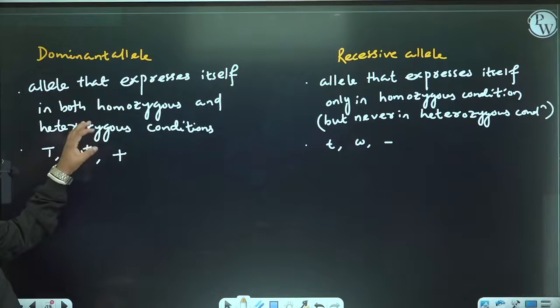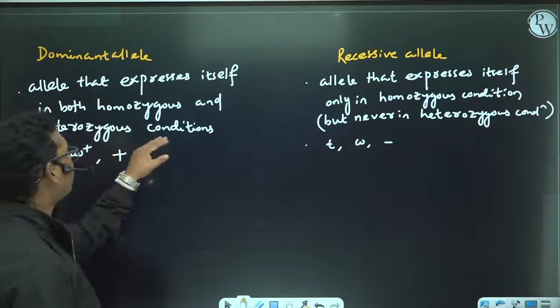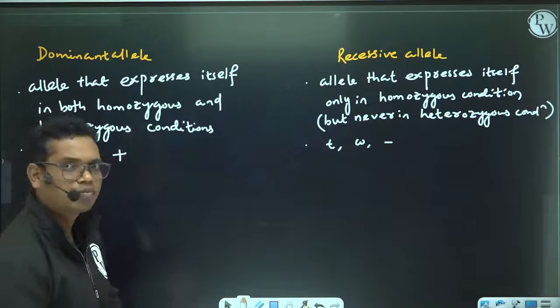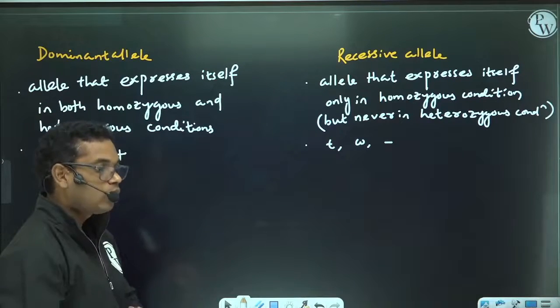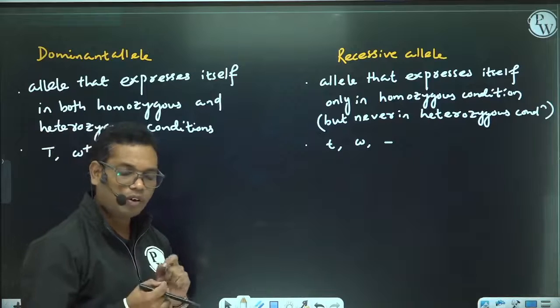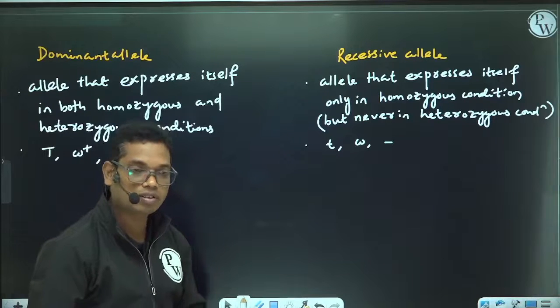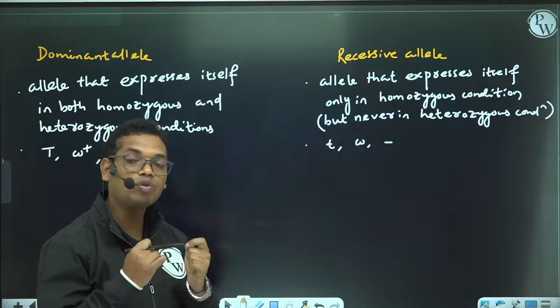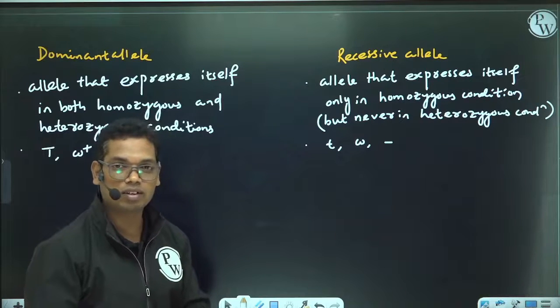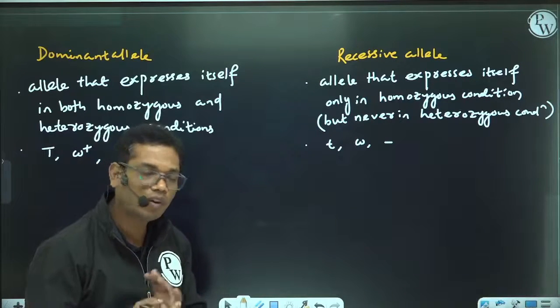The allele which expresses itself in both homozygous and heterozygous condition is called the dominant allele. So let me tell you one thing: whether an allele is dominant or recessive, to determine that you have to look at the heterozygous condition. Why? Let me tell you.